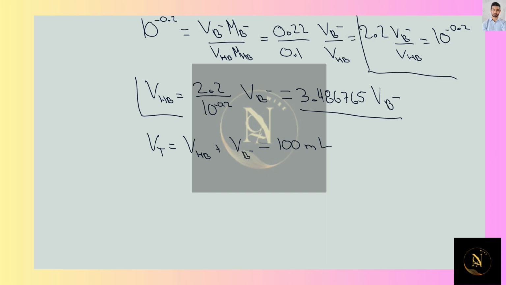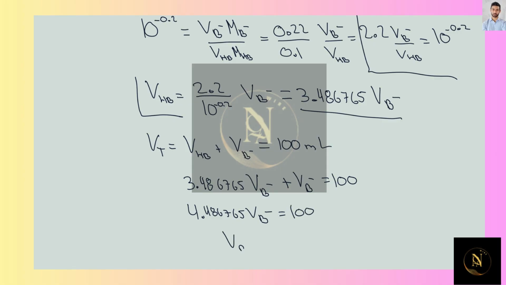We're going to replace the value for HB. So volume of HB is equal to this number, so 3.486765 volume of B minus plus volume of B minus is equal to 100. This becomes 4.486765 volume of B minus is equal to 100.